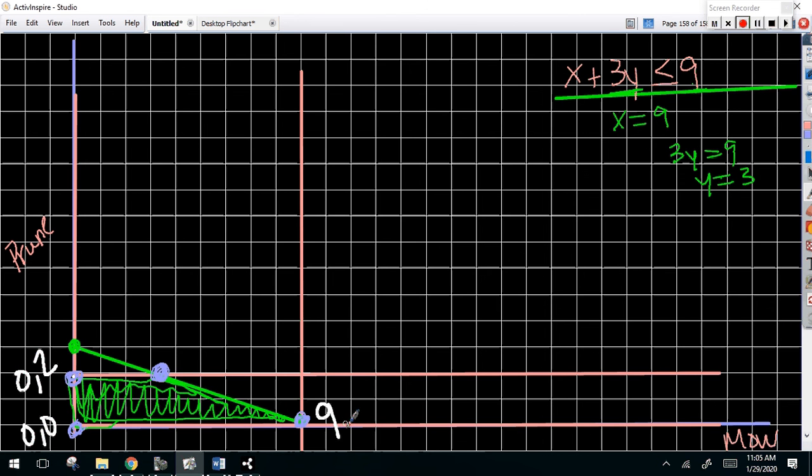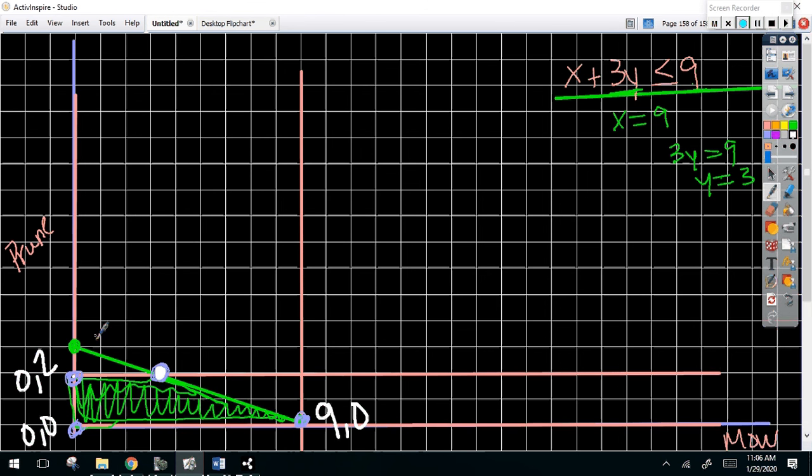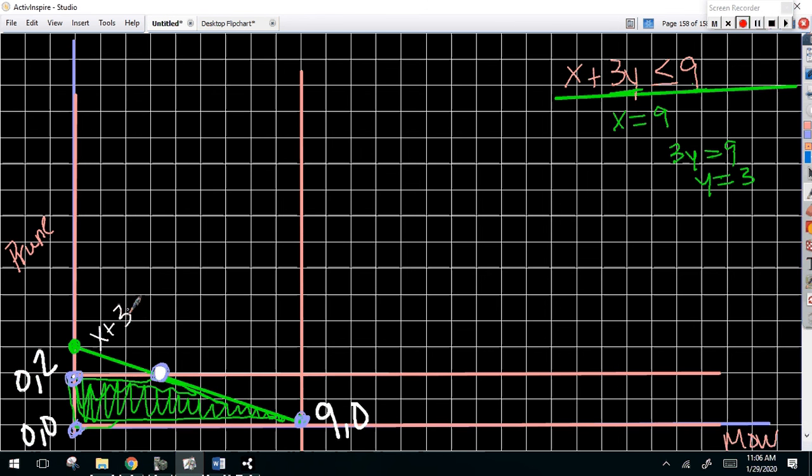This is the only one I'm going to really have to think about. This is the line x plus 3y equals 9, and this is the line y equals 2.